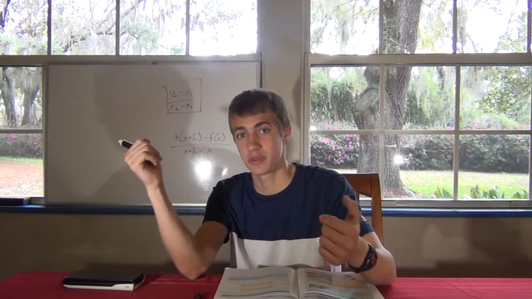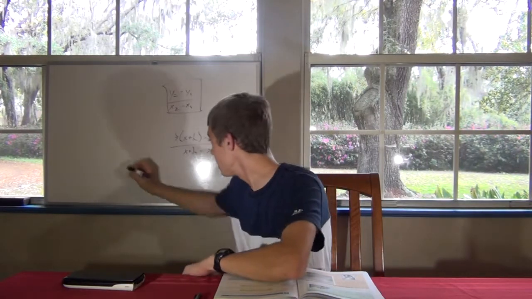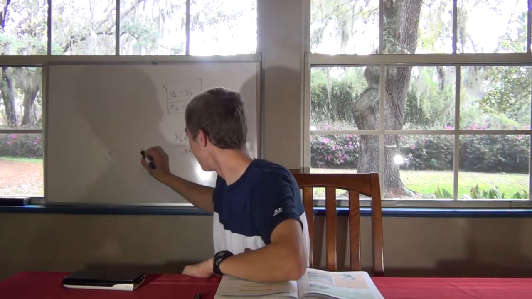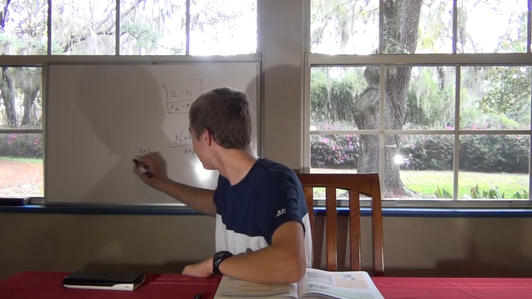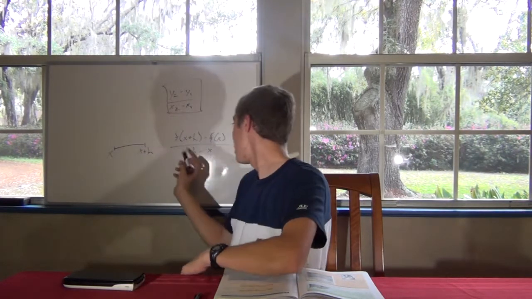As the difference between x and x plus h is just going to be h. So as h gets smaller and smaller, and the space between your x and x plus h gets shorter, then this is going to be a more accurate replication of what your tangent line is.